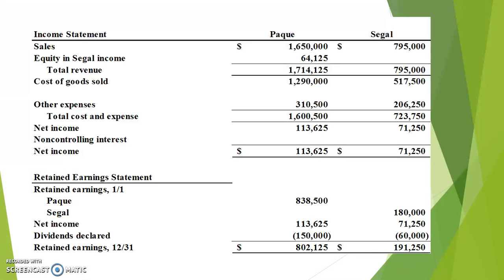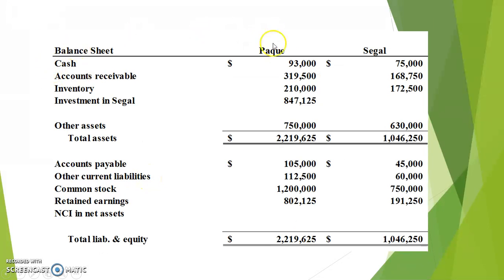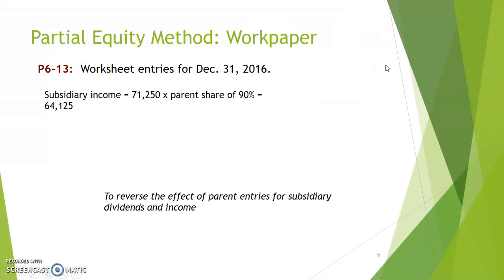Having completed the income statement, statement of retained earnings, and balance sheets for the parent and the sub, we now move to deal with the substantive issues. You would have noted, I said earlier, the subsidiary income of $71,250 multiplied by the parent share of 90% gives us $64,125.